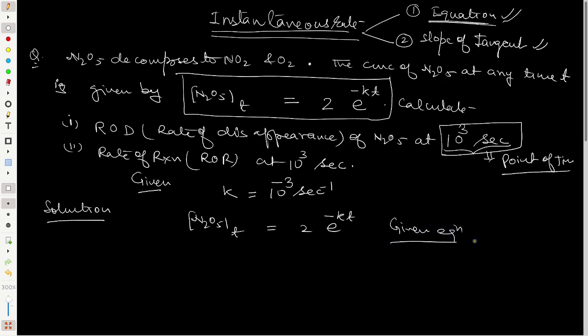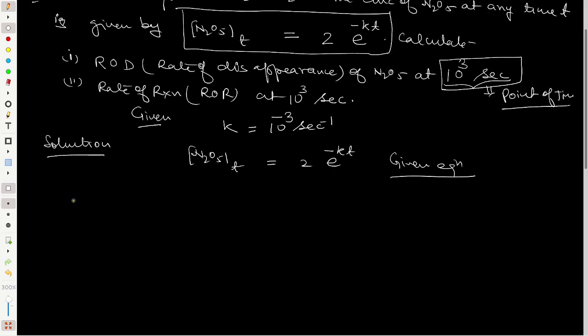So what you have to do is differentiate this given equation with respect to t, with respect to time.